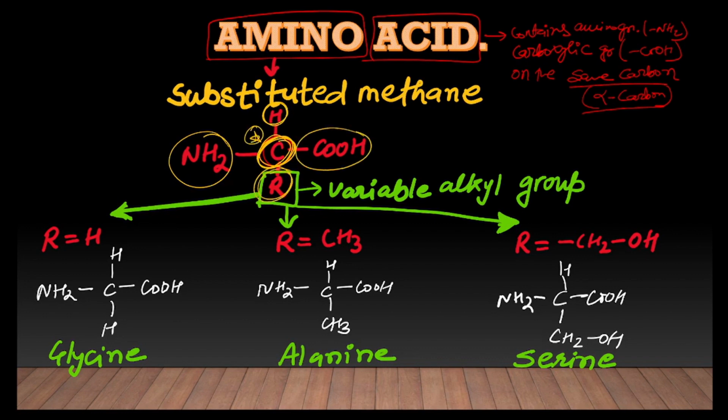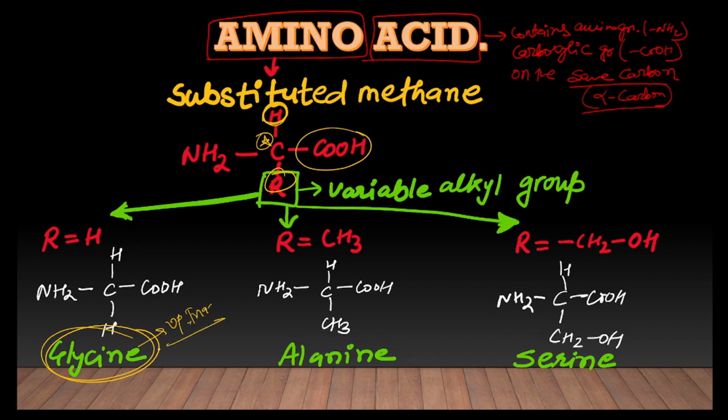If R is equal to CH3 it is chiral, but if R is equal to H, then it will not be optically active, because two groups are the same and this carbon will not be a chiral carbon. So that's why glycine is an optically inactive compound, and all remaining amino acids are optically active.